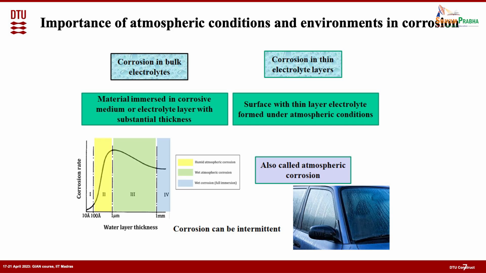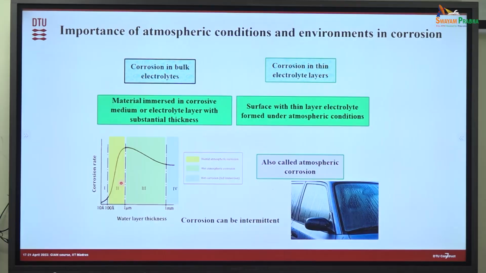So the ion transport is extremely difficult with probably 10 angstrom of water film thickness, which means probably 1 or 2 molecular layers. With that thickness, ion transport is extremely difficult, and that's the reason that although oxygen is freely available, ion transport is difficult, and you get a lower corrosion rate.